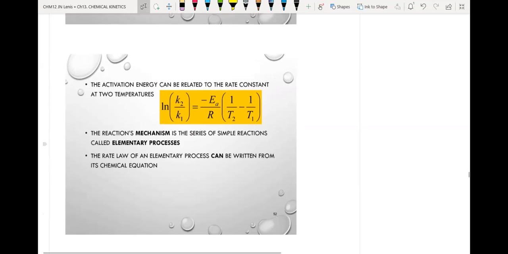because the problem will give you two different rate constants from one initial state and one final state, and will give you the temperatures for these states. So this is the rate constant at temperature 1, and this is the rate constant 2 at temperature T2.